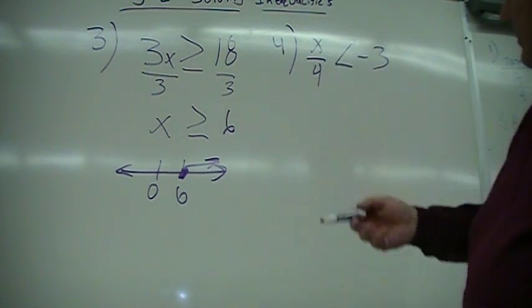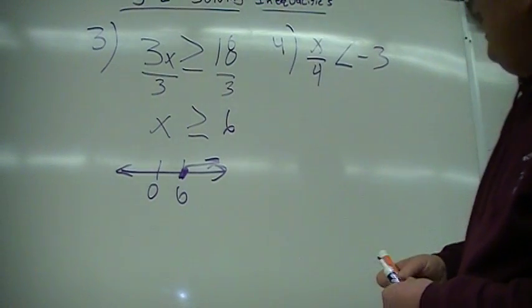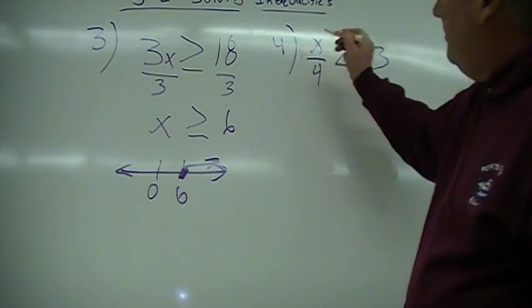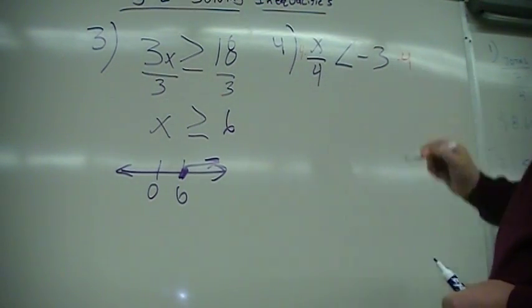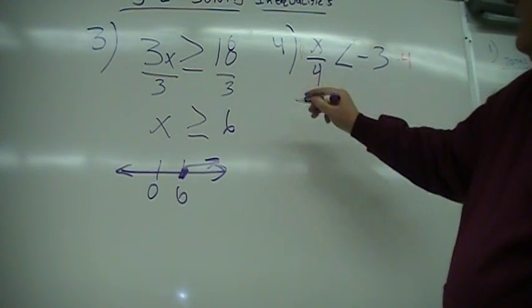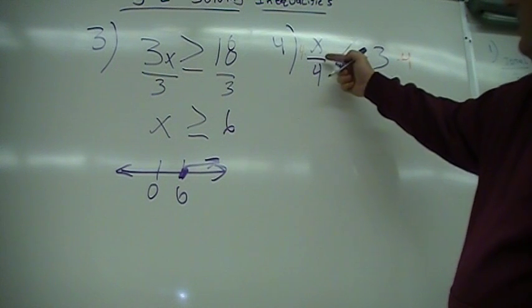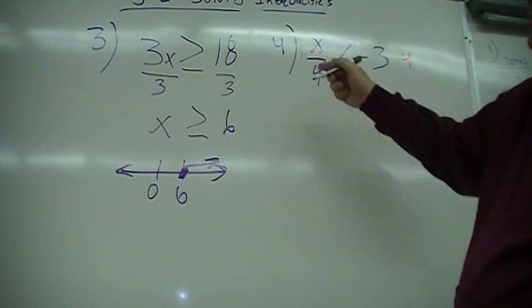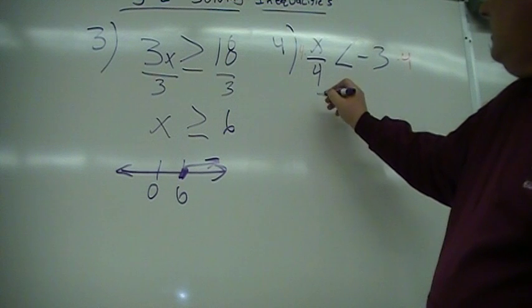X divided by 4. I'll use the orange just to show that we are multiplying both sides by 4. Those cancel out. We've multiplied. It was divided by 4, so we multiply both sides by 4.